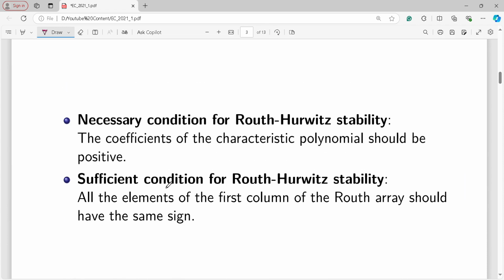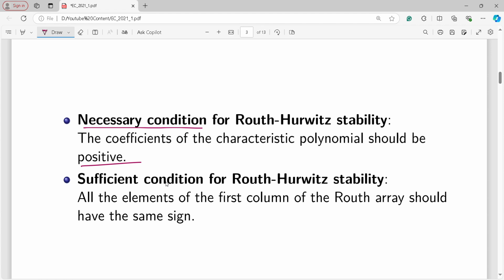As we know, in case of stability we apply the Routh-Hurwitz criteria. The necessary condition is that the coefficients of the characteristic polynomial should be positive.